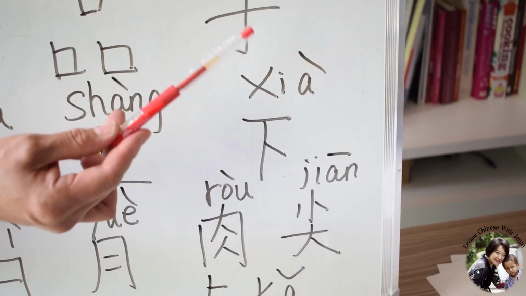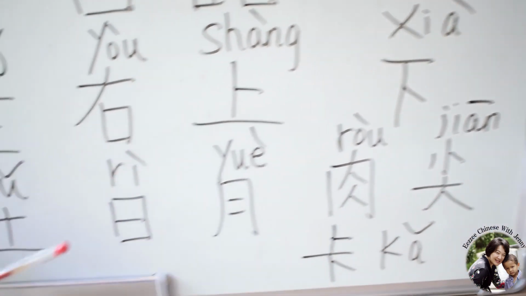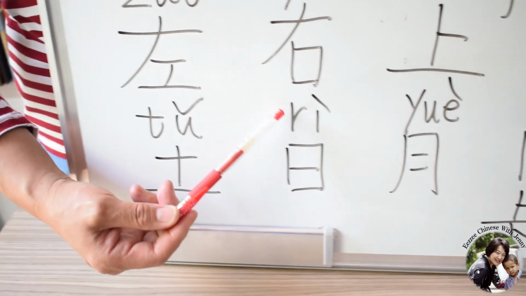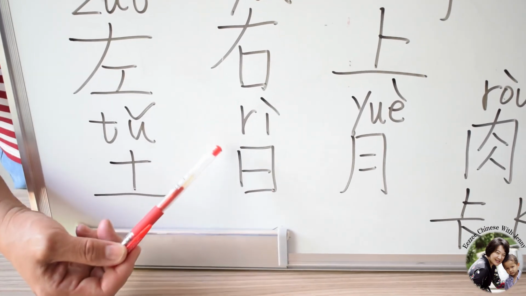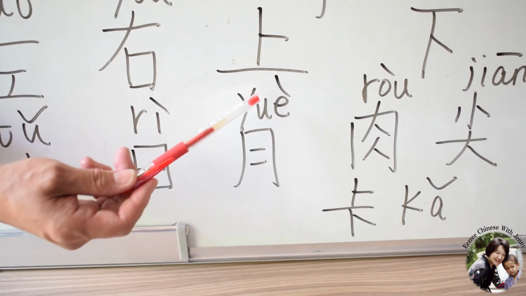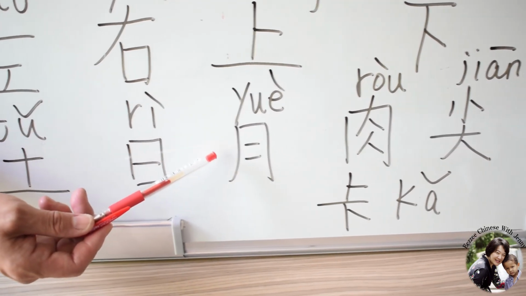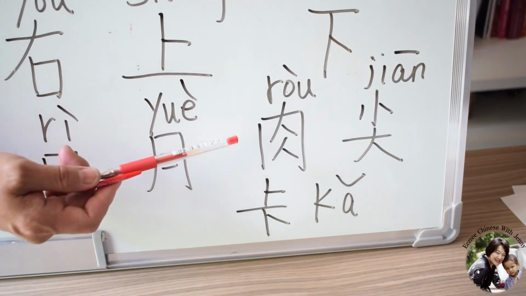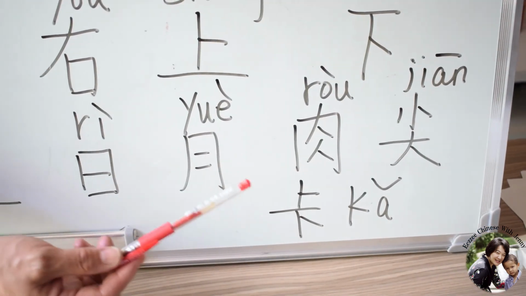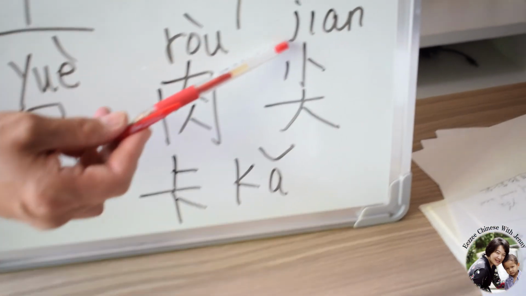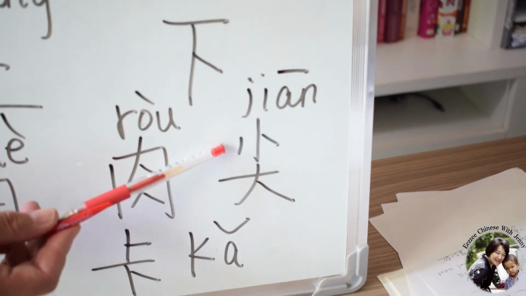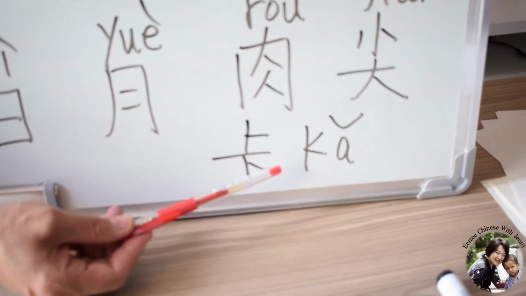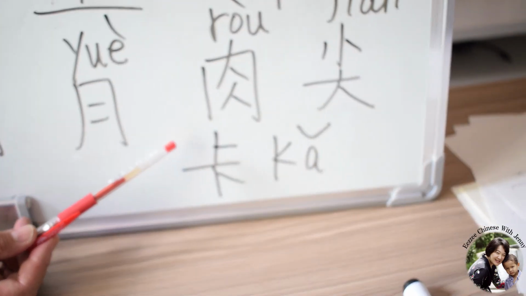Xia, 下, down. Tu, 土, earth. 日, the sun. 月, the moon. Rou, 肉, meat. And the last two interesting words, remember? Jian, 尖, sharp, pointing. Ka, 卡, stuck or card.